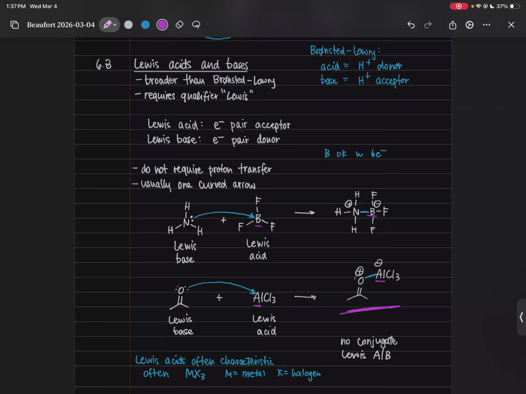It's really kind of simpler just because there's one arrow and you have electrons that are moving and no protons. But we won't see them quite as much in organic.